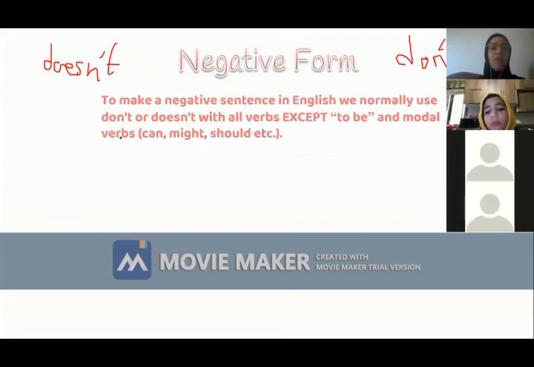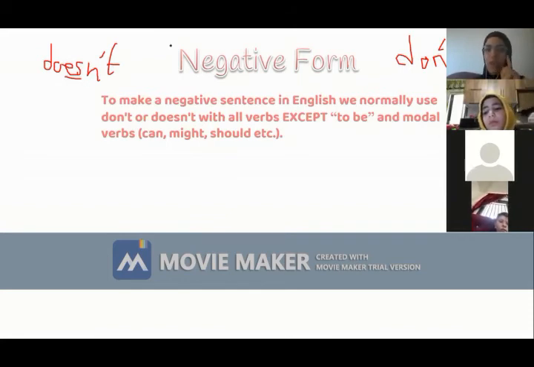If you notice here, does, I have ES since it ends with O, so I know directly that I use does not for the singular subjects and don't for the plural subjects.